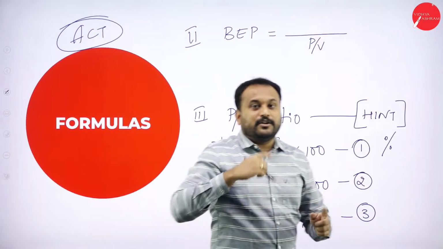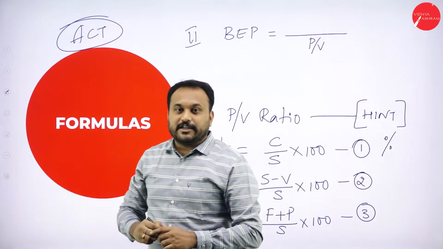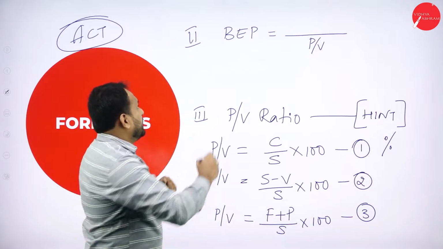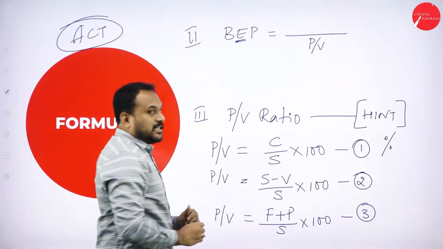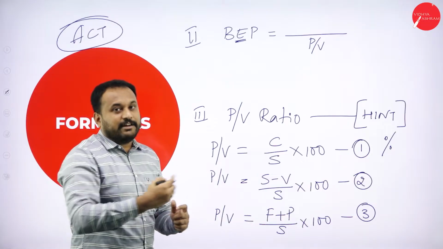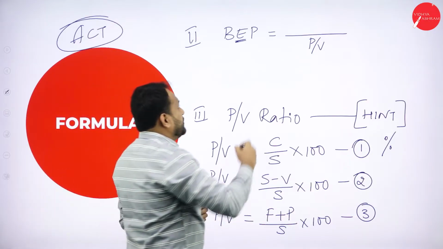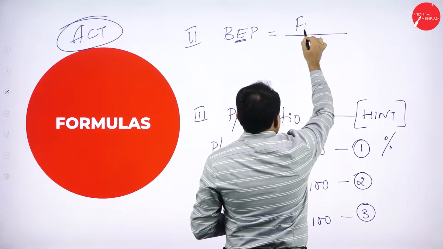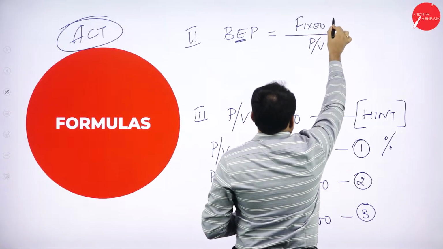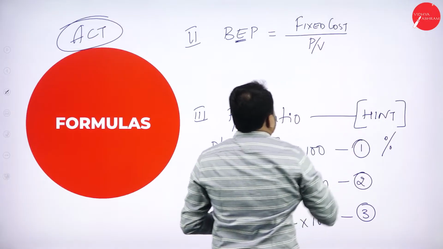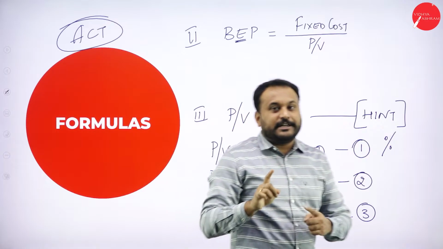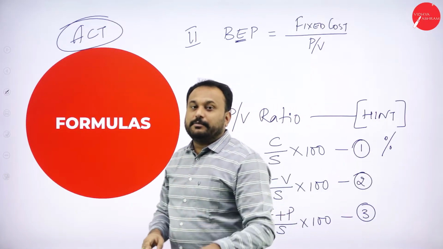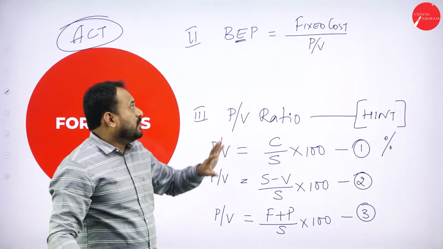Understand the logic here. In the word BEP, go with the middle letter, that is E. After E, which alphabet comes? F. That means fixed cost. So it is fixed cost divided by PV. That will become our BEP formula.